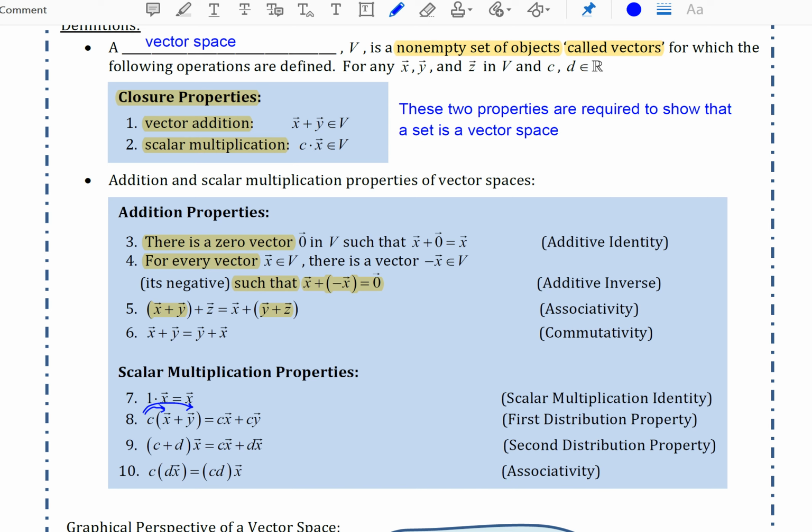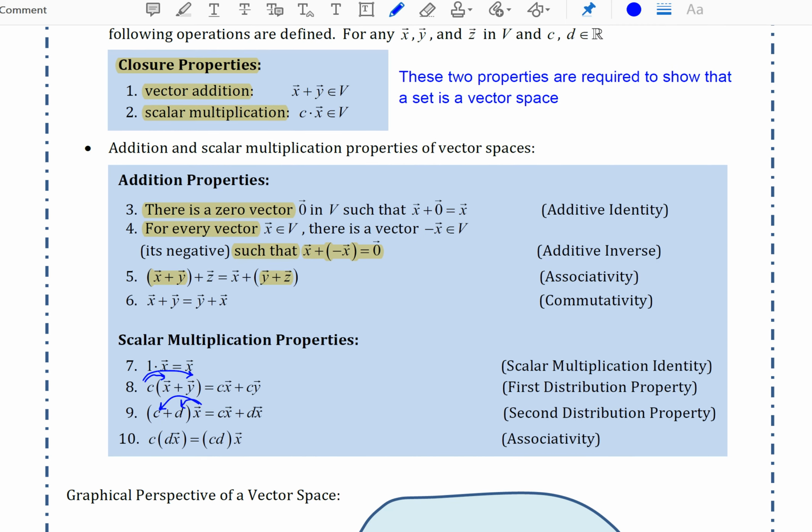The second distributive property, that if you have the sum of 2 constants times a vector, you can distribute the vector to each of the constants. And associativity of scalar multiplication: the product of c times some scaled version d of x is the same as the scaled version cd of x.